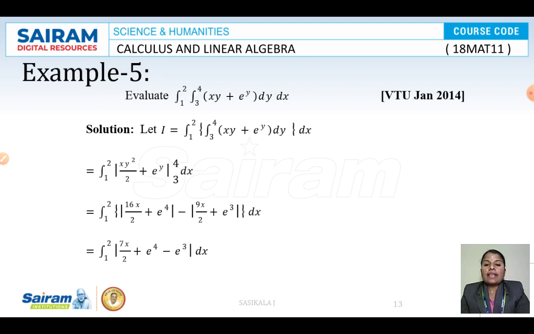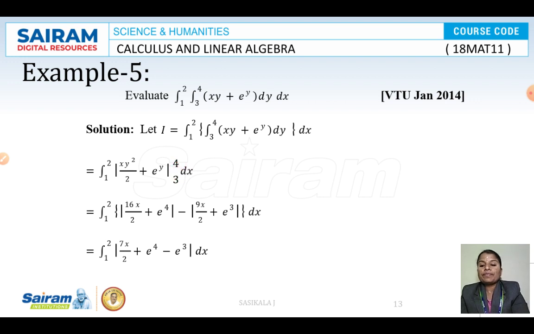Now the next example, integration 1 to 2, 3 to 4, of xy plus e power y dy dx. This is such a simple problem because we have constant limits, so both are constants. First I can take the inner limit as y and the outer limit as x. Integrating with respect to y, x y squared by 2 plus e power y, with limit 3 to 4, into dx.